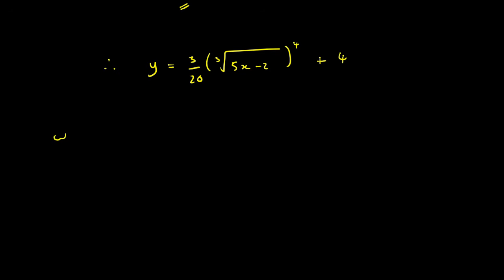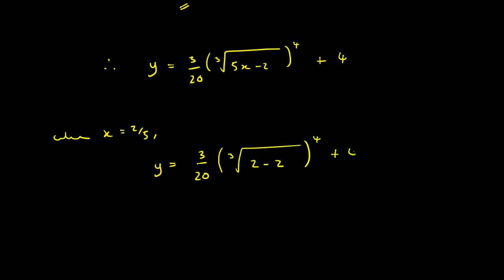So when x is equal to 2/5, y is going to be equal to 3/20 times the cube root of, 2/5 times 5 is 2, minus 2, to the power of 4, plus 4.